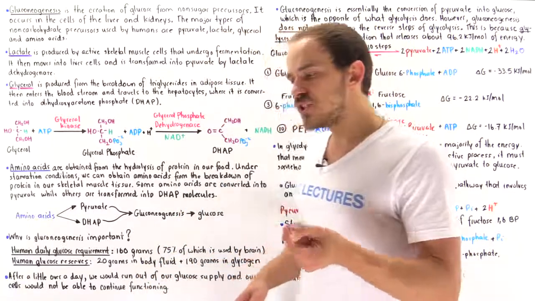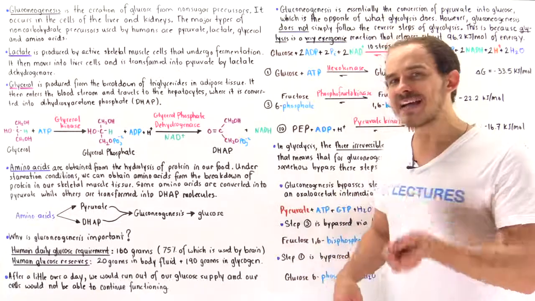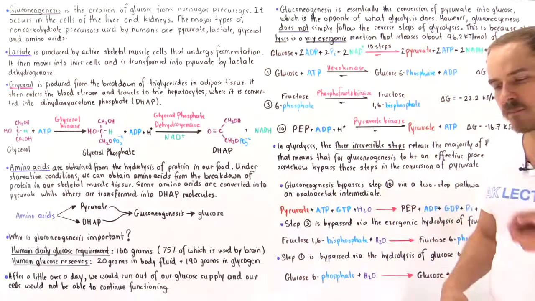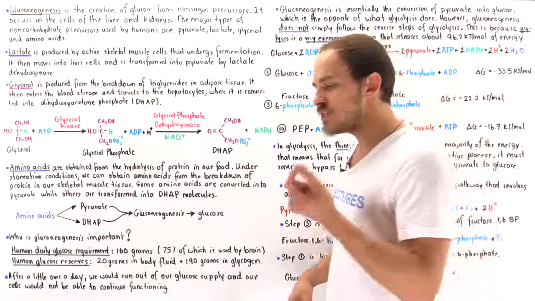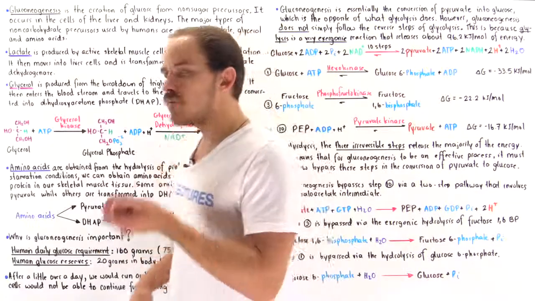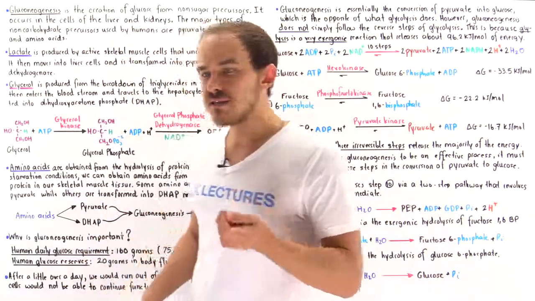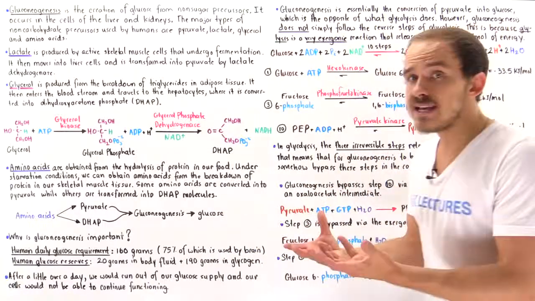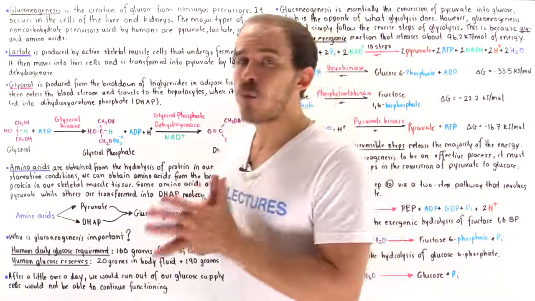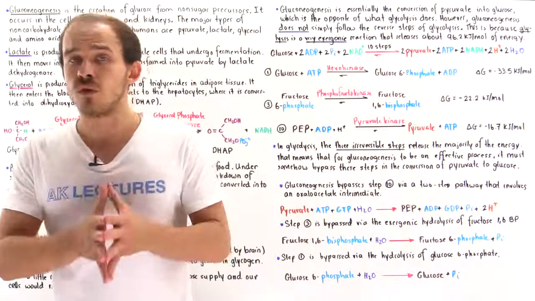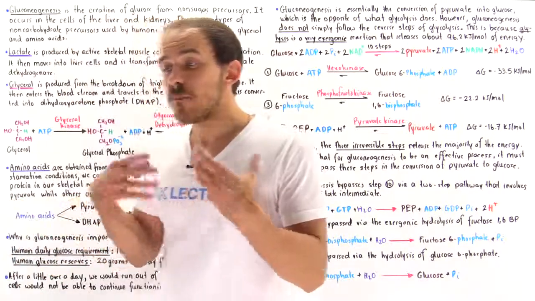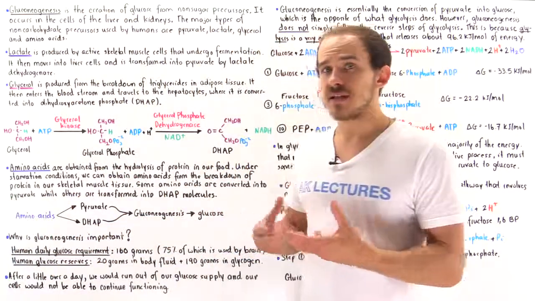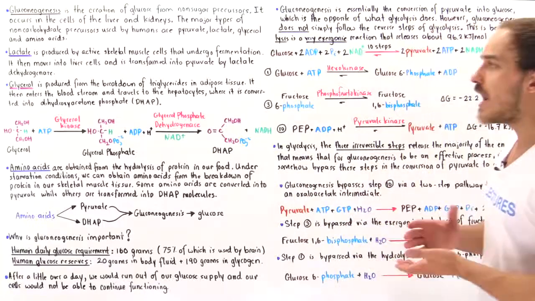Well, because glycolysis is a very exergonic process. So remember in our discussion of glycolysis, we said that when 1 mole of glucose is broken down inside our body under physiological conditions, that releases about 96.2 kilojoules per mole of energy. And so the breakdown of glycolysis is an extremely exergonic process.